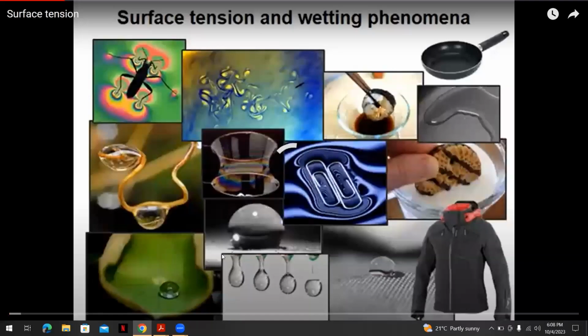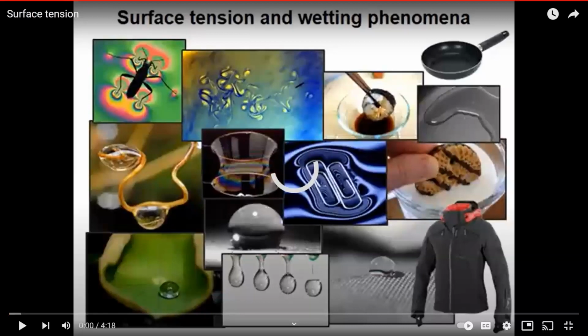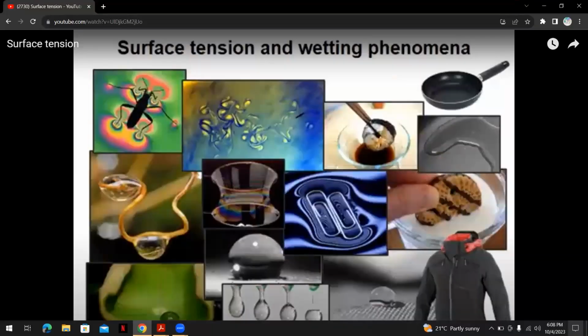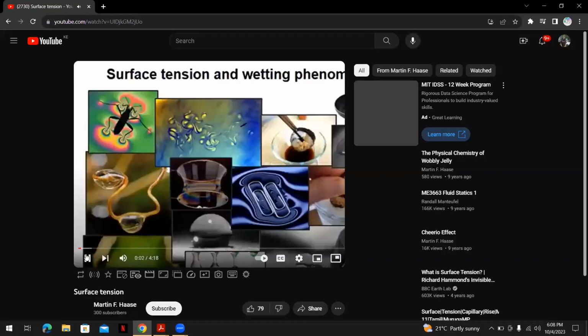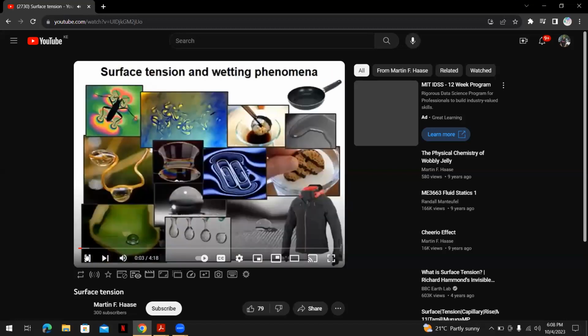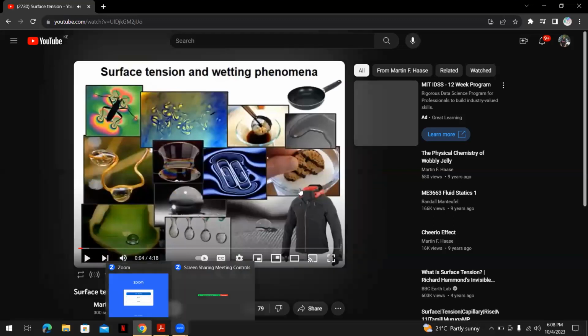So I don't know if we've understood it, but basically the concept of surface tension is essential. As you've seen from the video, there's that plate.